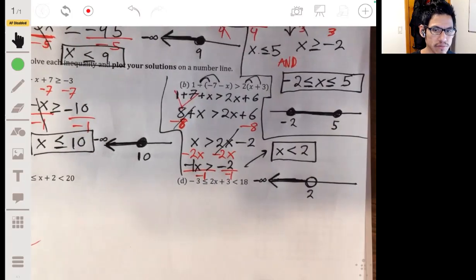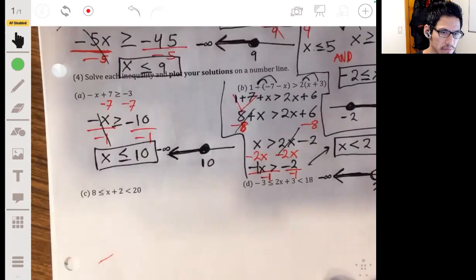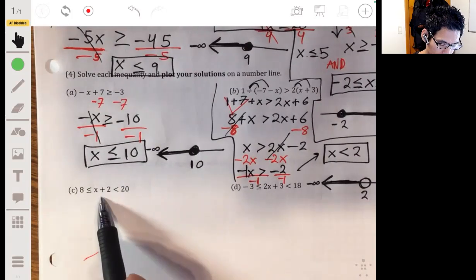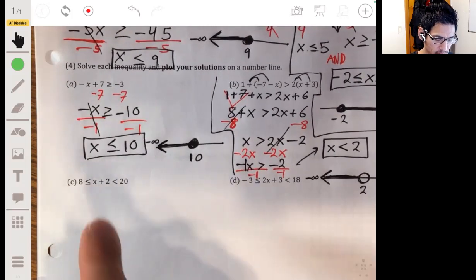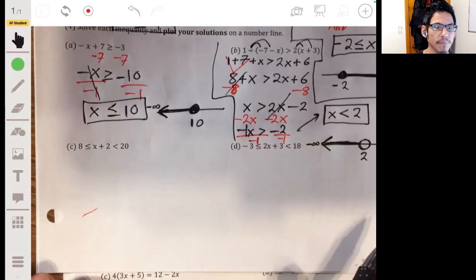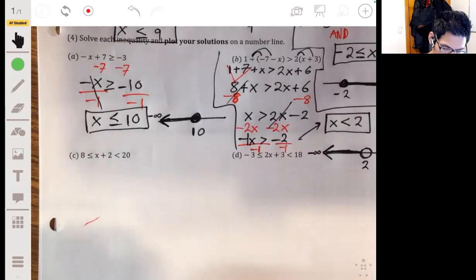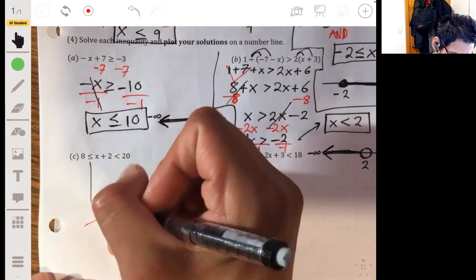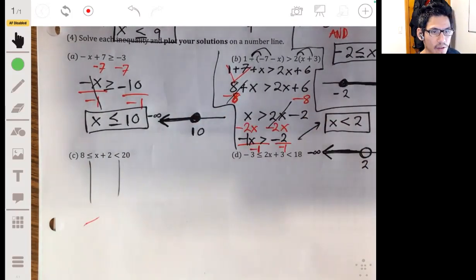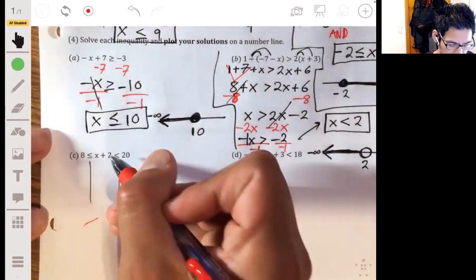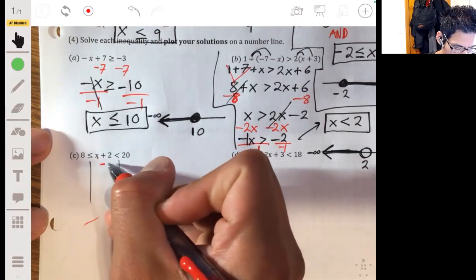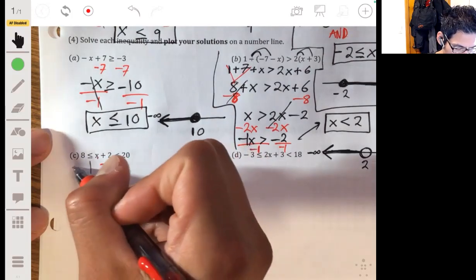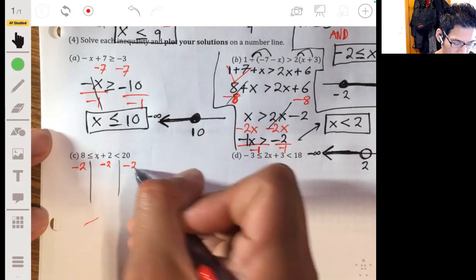All right. Okay, C. See here we have the compound inequality. So think of it as like a three-part equation. So all that means is if you want to solve for x, we would have to take away 2 from here, and from the left, and from the right.